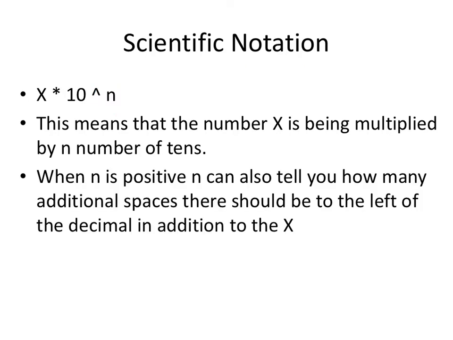When n is positive, it can also tell you how many additional spaces you need to the left of the decimal, in addition to the x, meaning that the x is not included in your n number.